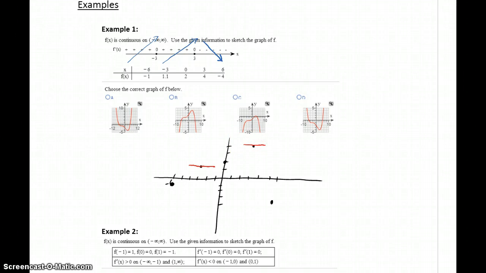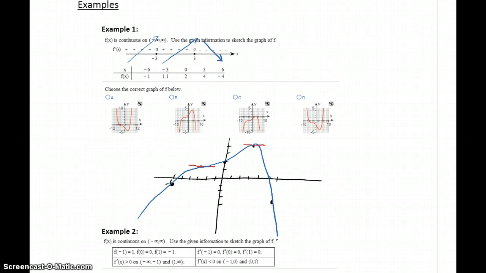So what we want to draw is a graph that's increasing from -infinity all the way up to 3, with points where we level out at -3 and at 3, and then beyond that is decreasing. So we want a function that's increasing, levels out at -3 for just an instant, continues increasing, levels out again, and then changes to decreasing to pass through this last point.